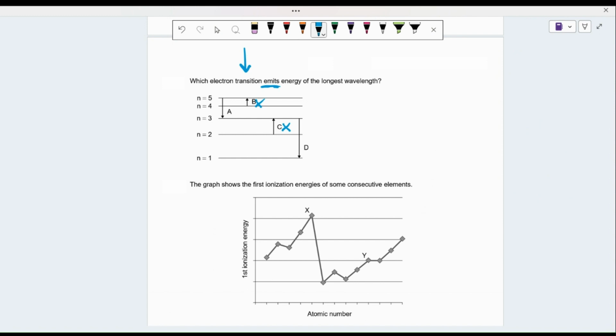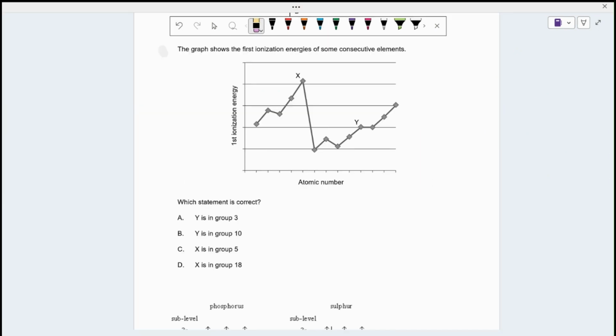I like to use Richard Thornley's big jump, big energy, small wavelength. We want the longest wavelength, so we want the smallest energy and the smallest jump, which will be A. 4 is A.